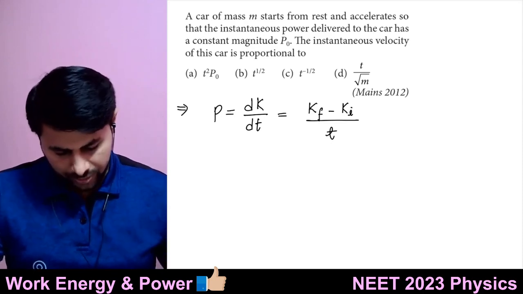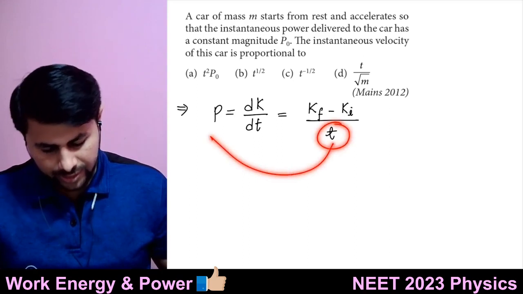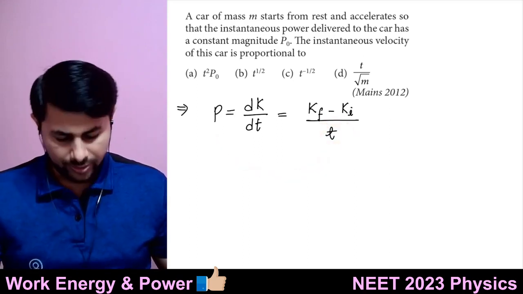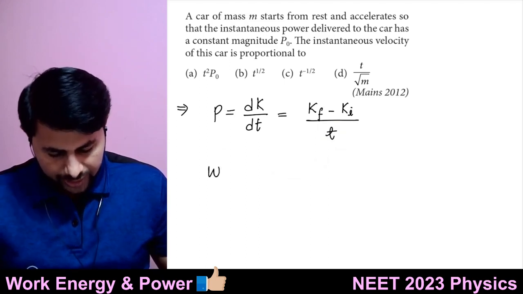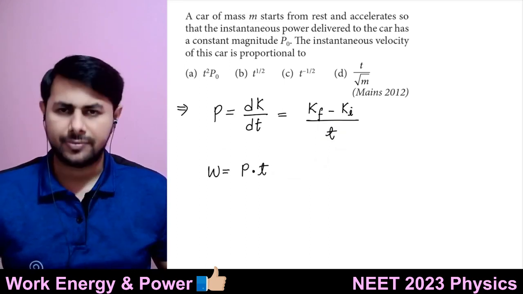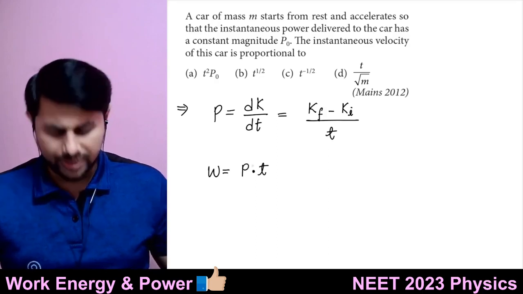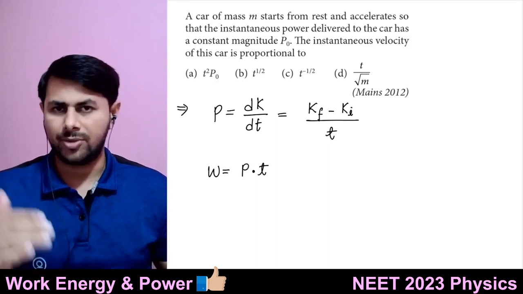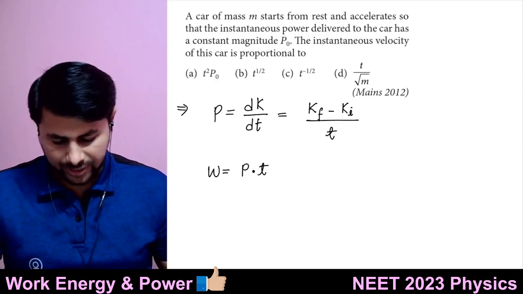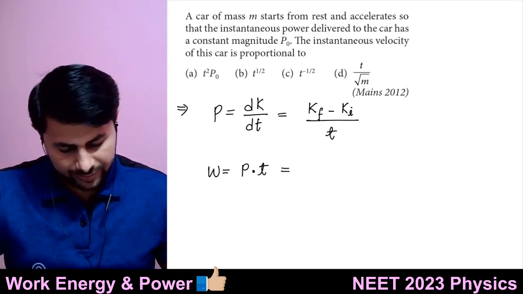Okay, so you can move this time to the other side. Work done is equal to what? It will be power multiplied by time. Because power is constant, so P equals W upon T, or W equals P times T, which is equal to change in kinetic energy.